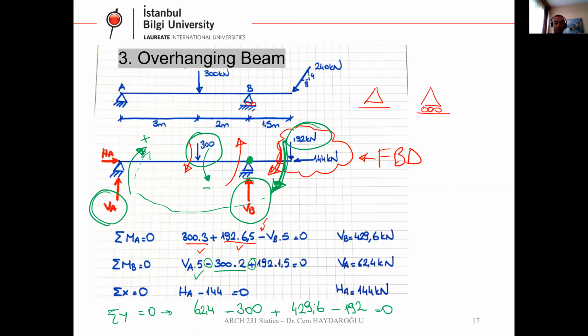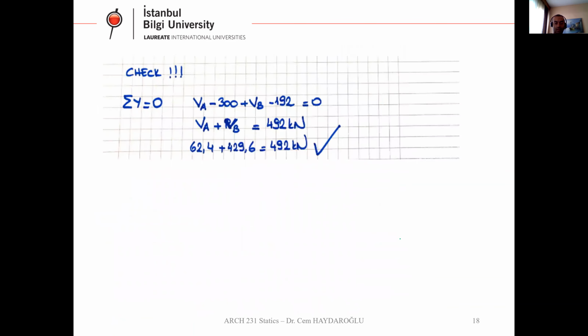So if you do this calculation, it's 0. So my calculation is correct.